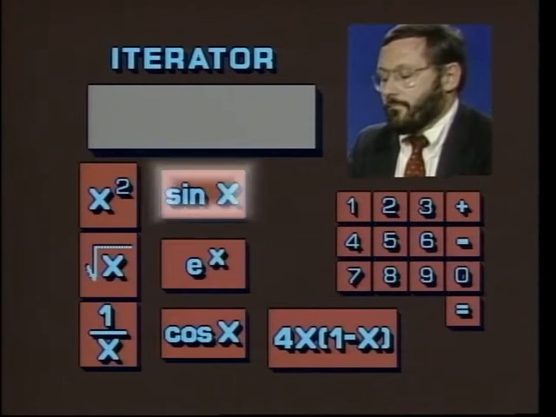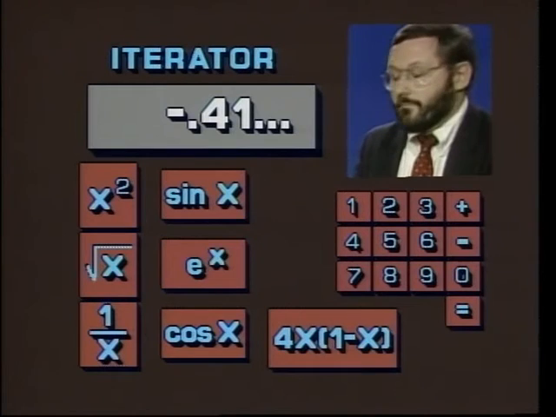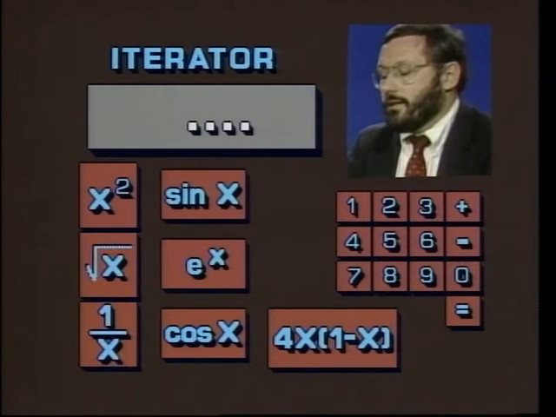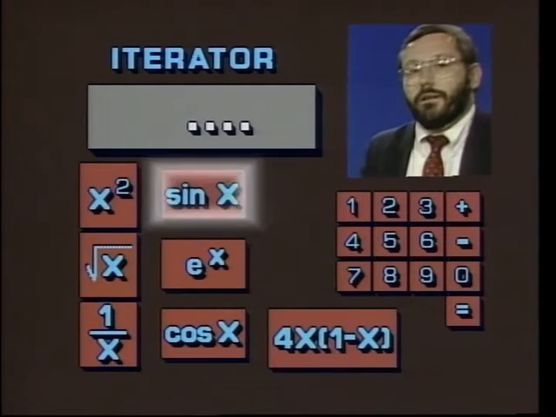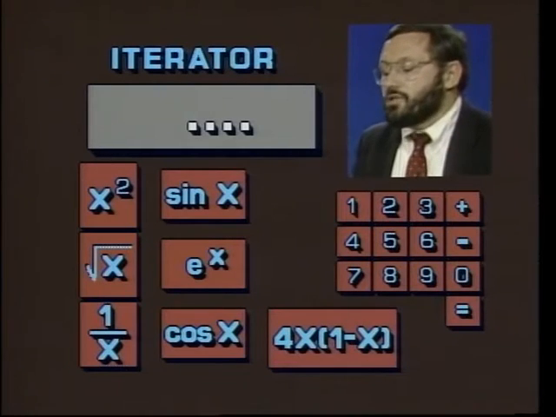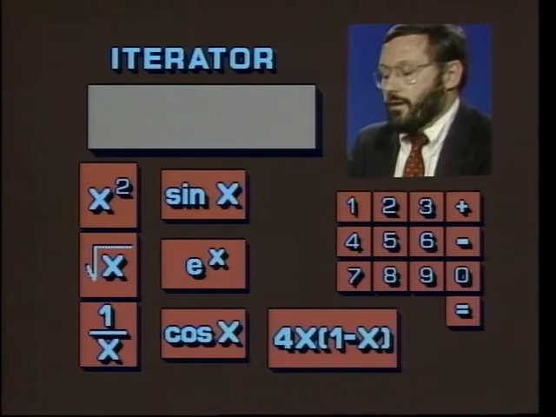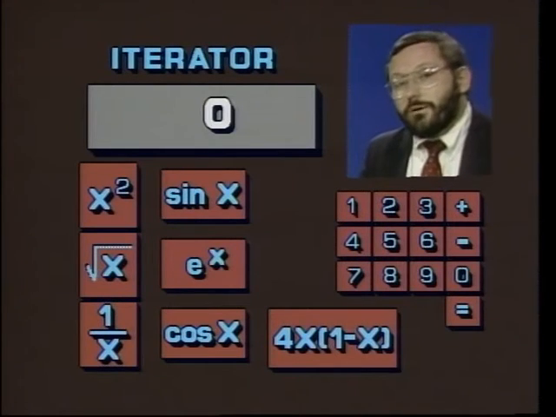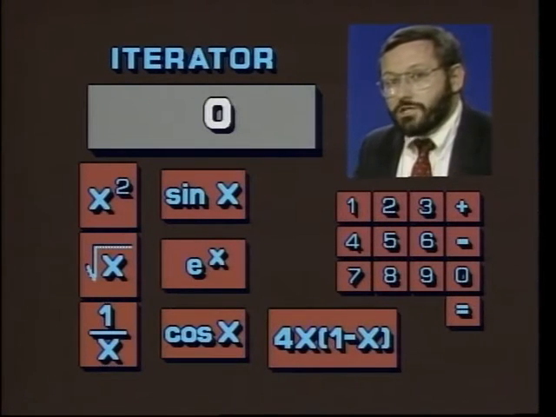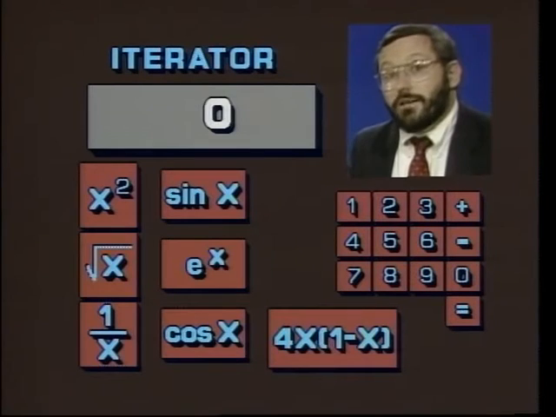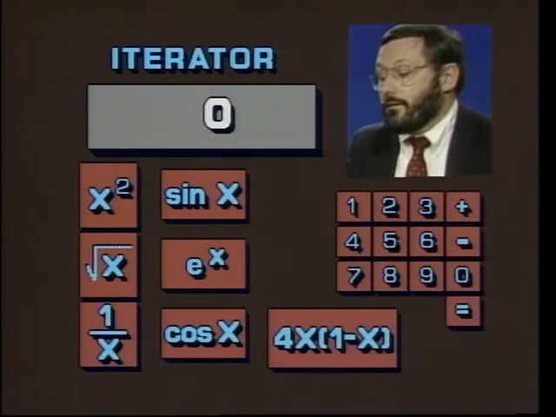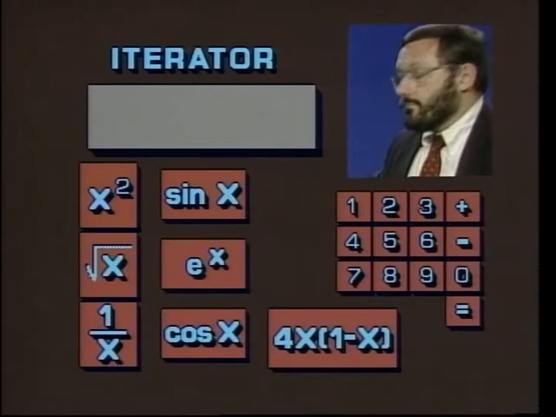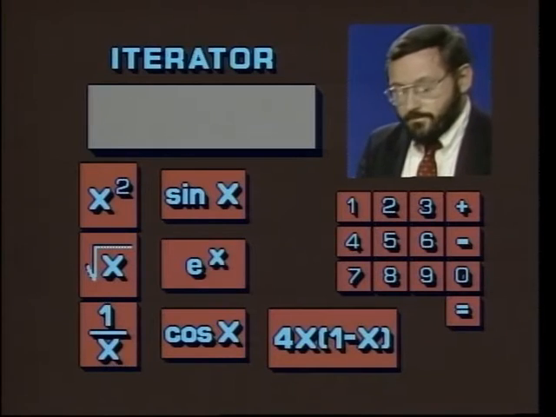Take the sine again, minus 0.41. And you see what happens. Iterating the sine over and over again eventually yields, after 300 or more iterations, the number 0. So if you iterate the sine function, no matter which number you start with, you always end up with 0. Again, a perfectly predictable iterative process.